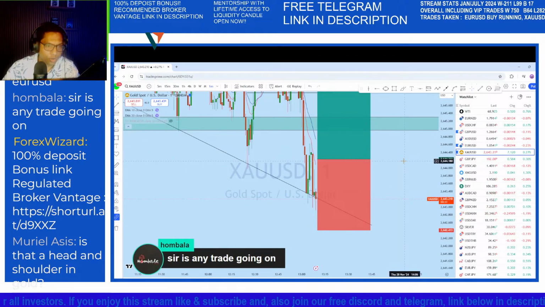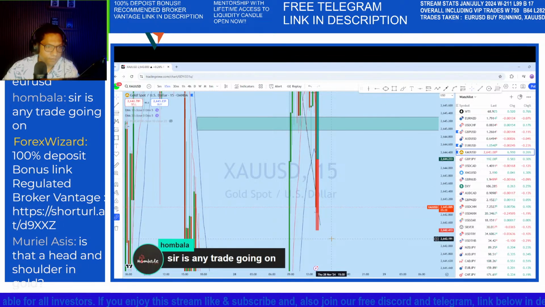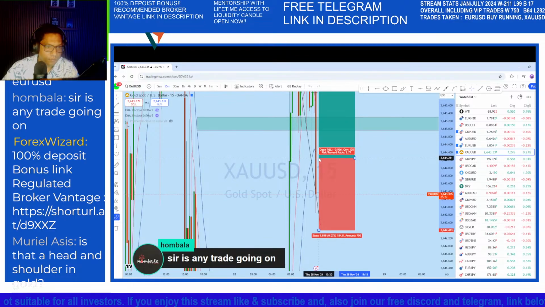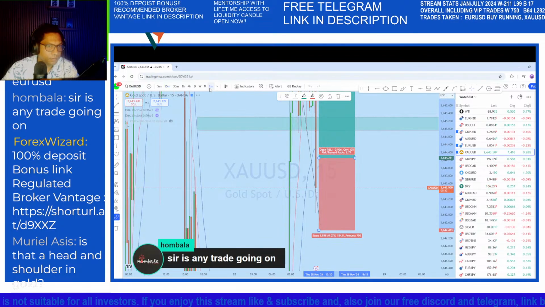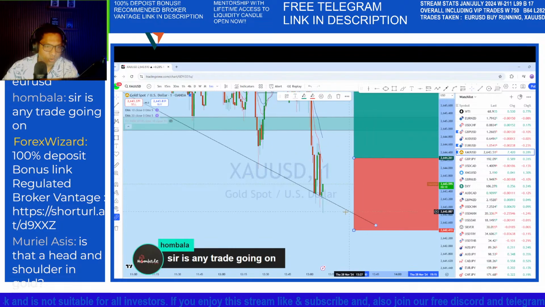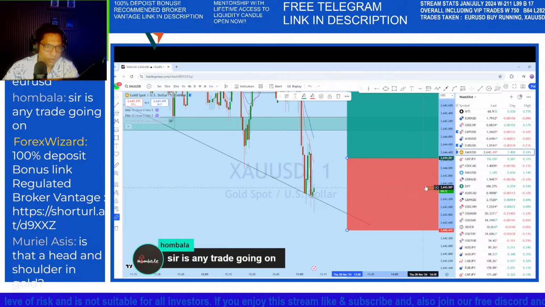Now with this long wick doji, this is another, what I would say, invasion of the support.